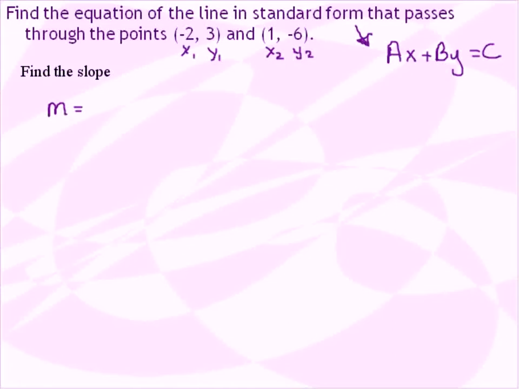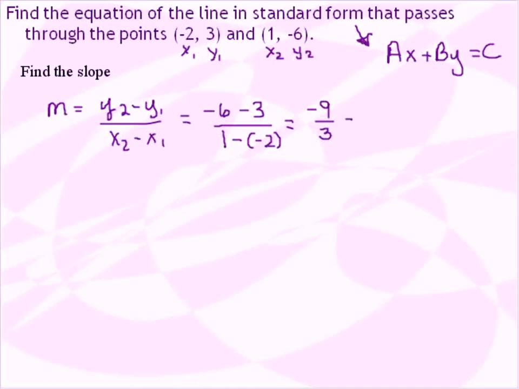So y2 minus y1, if you remember our equation here, over x2 minus x1. So y2 is -6, y1 is 3. So -6 minus 3 over x2 minus x1. Remember to keep it in the same order when you're subtracting in the numerator and the denominator. And that gives us -9 over +3, which is a -3.